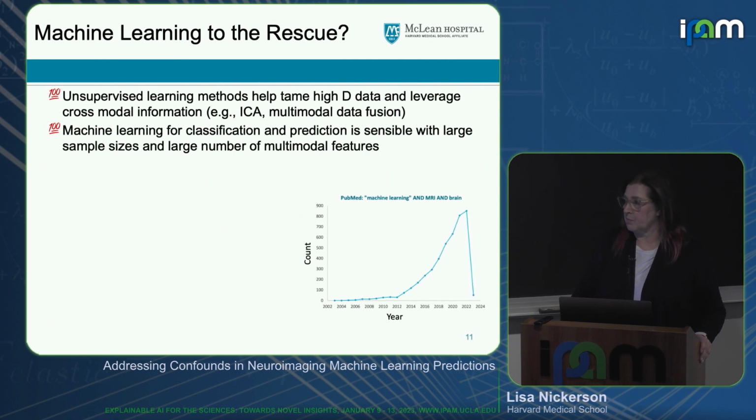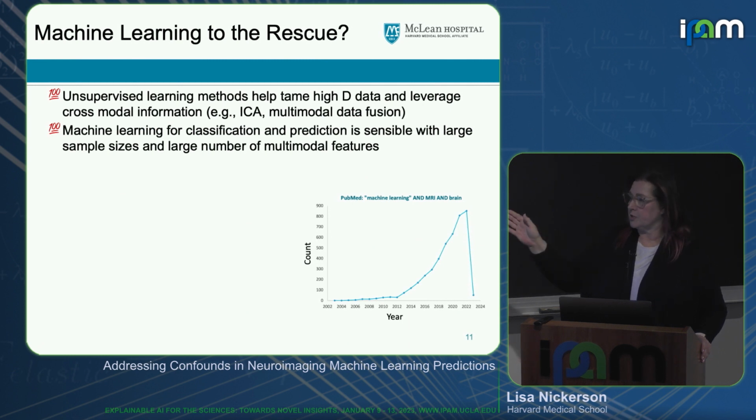And so, of course, people have really jumped on the machine learning bandwagon in neuroimaging, and a PubMed search for machine learning and MRI and brain turns up an exponential increase over the last few years in the application of machine learning for neuroimaging data analysis.